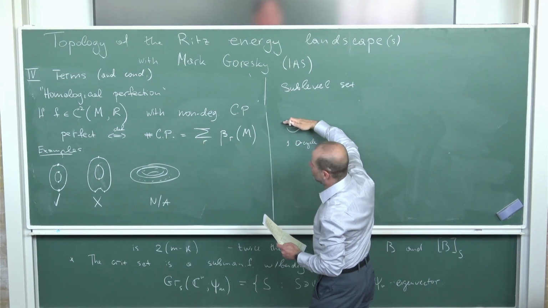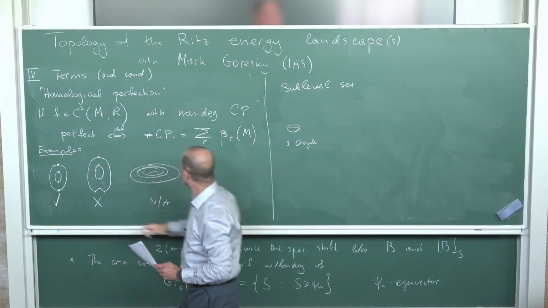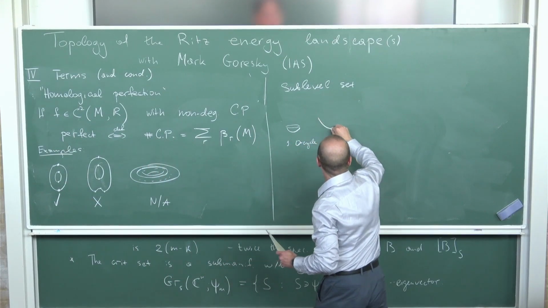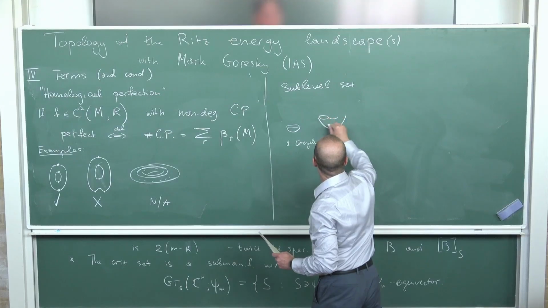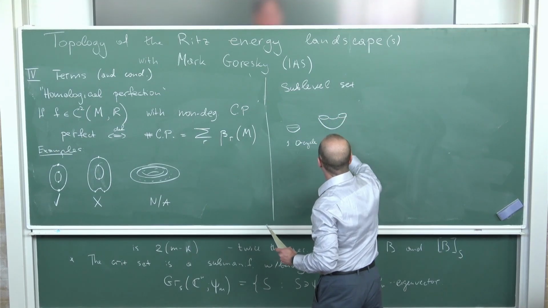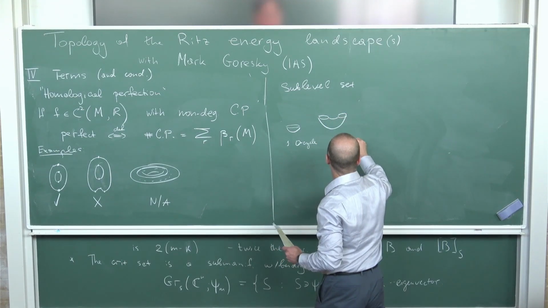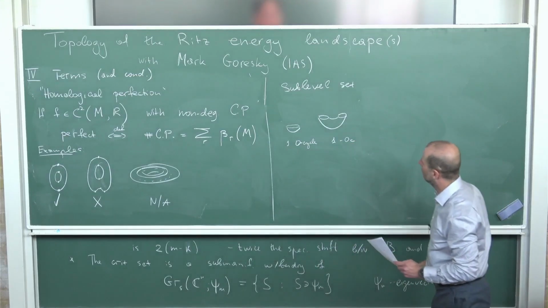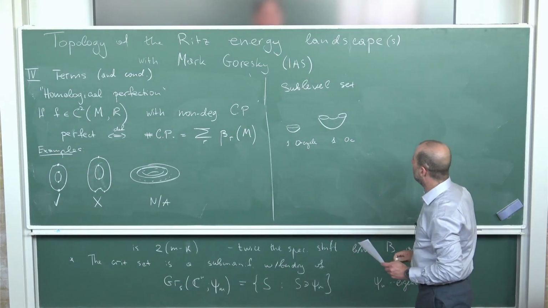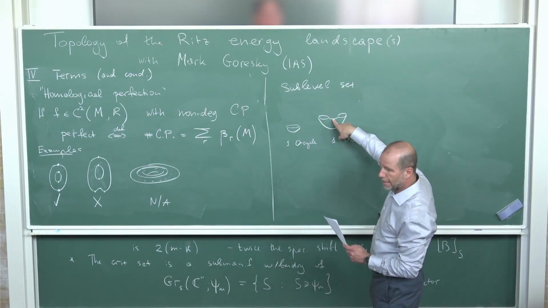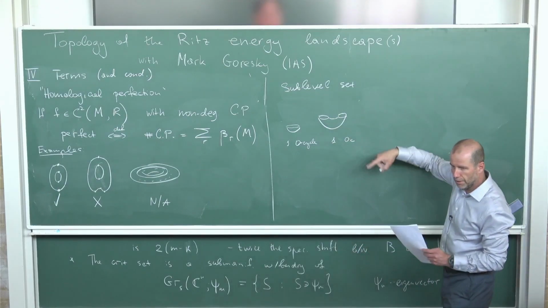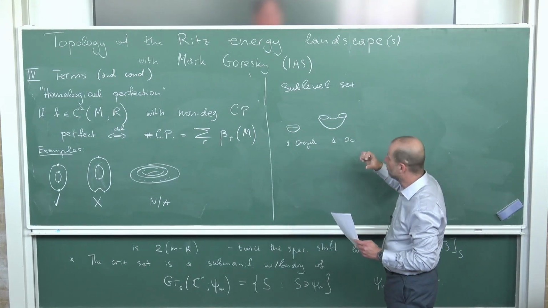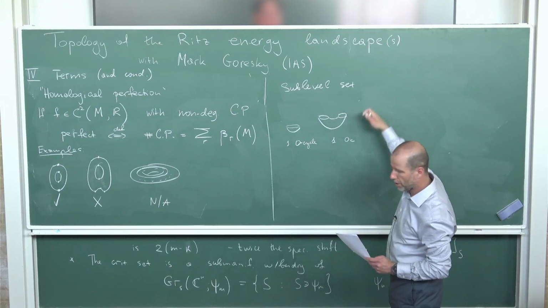As I'm moving up, sooner or later, I'll hit this saddle point. And very soon after, I have something like this. It's still one zero cycle. But now, after I hit the saddle point, I can put a little loop around here, and it cannot be contracted, and I'm not allowed to slide it off the boundary.